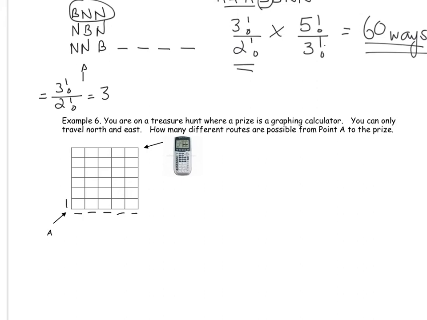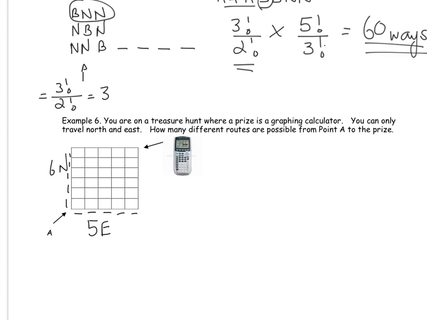And then north, there are 6 of them. So this is 6 ways north, and then 5 ways east. But if I'm going east or east or east, it doesn't make a difference, so we can't distinguish.